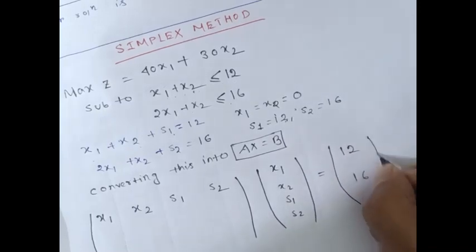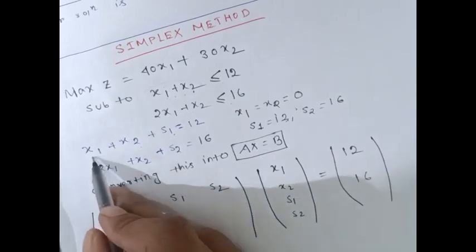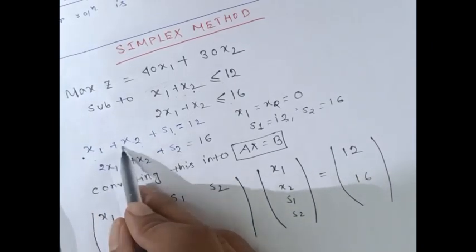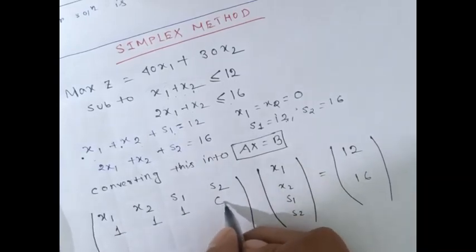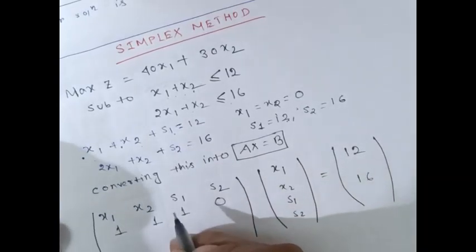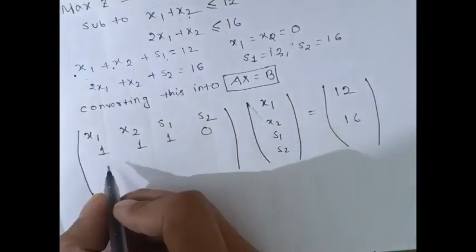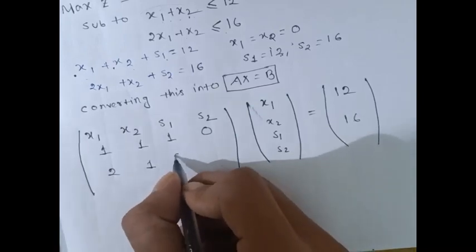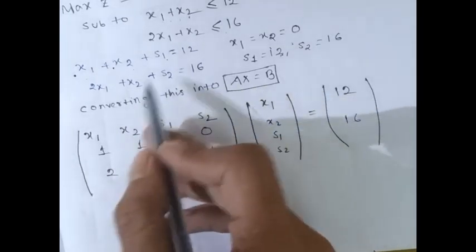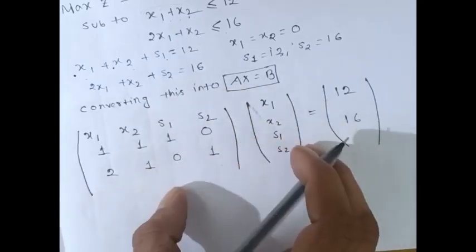The coefficients are 1 1 1 0 in the first row, and here it is 2 1 0 1, because no s1 is present here. So like this it is the matrix representation.